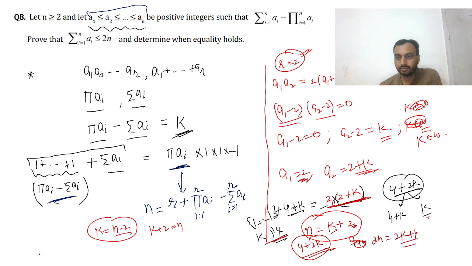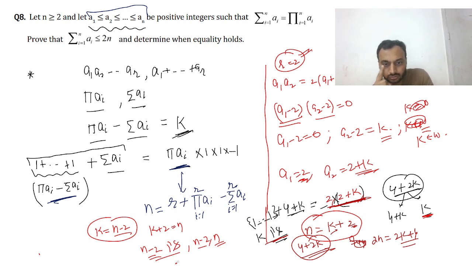So ultimately, the number of ones is k, which is n minus 2. So I can say n minus 2 ones, another number is n minus 2, and the last number is n. So if we have these numbers, n minus 2 ones, one number n minus 2, and another n, then equality holds. So that is question number 8, guys.